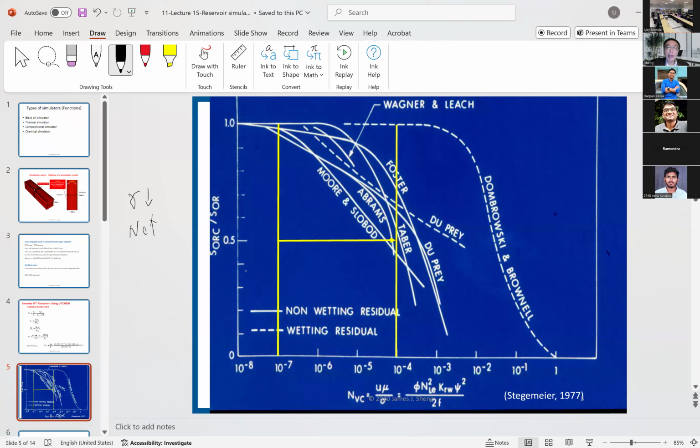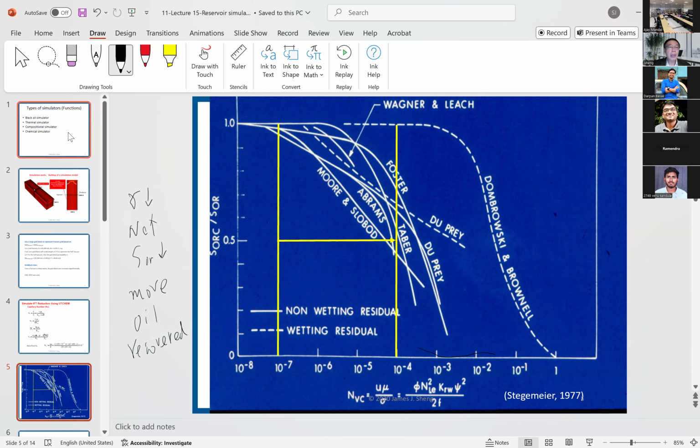When the capillary number is high, the SOR is reduced. If the SOR, or the remaining oil, is reduced, then more oil is recovered. So that is the mechanism of using low IFT to increase oil recovery. Okay, that's the two questions. I answered these two questions.